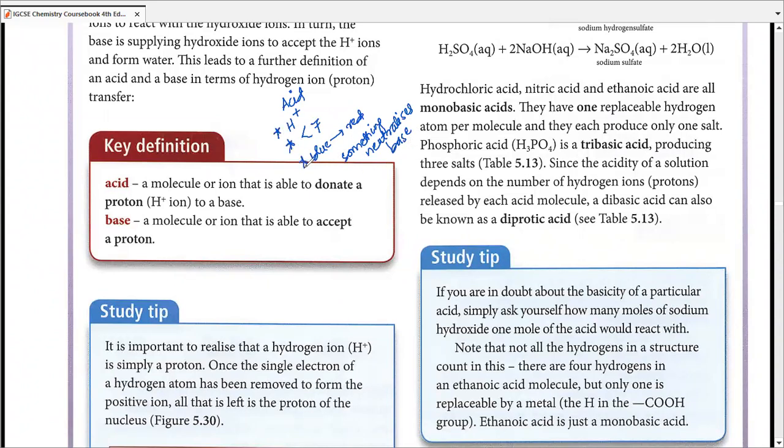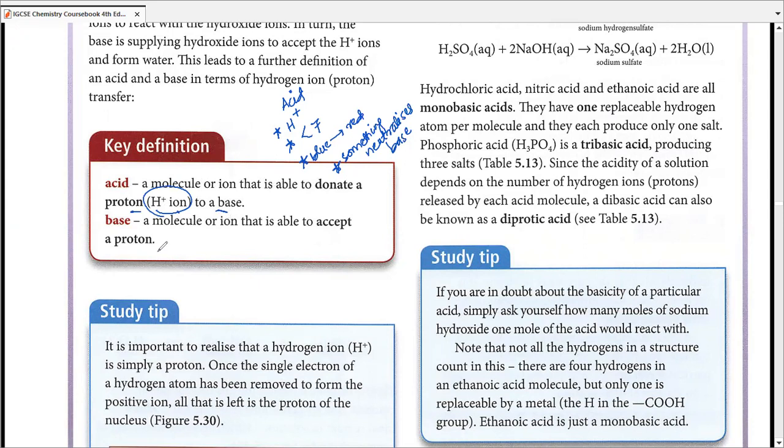So these were all the characteristics, and we use these characteristics to define it. Another way of defining it would be: an acid is a molecule or an ion that is able to donate a proton, H positive ion is considered a proton, to a base.